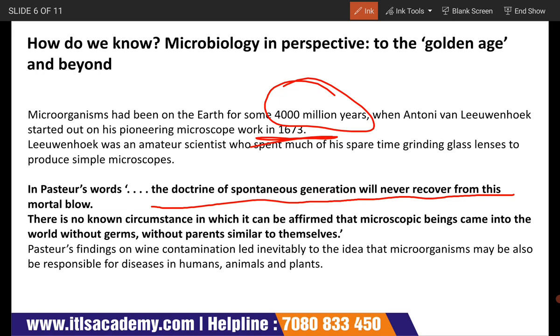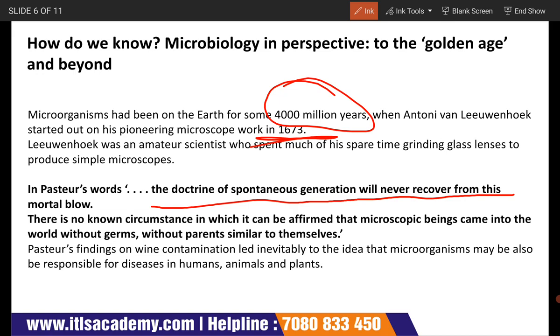Pasteur's findings on wine contamination led inevitably to the idea that microorganisms may also be responsible for diseases in humans, animals, and plants. So Louis Pasteur was another scientist who stated that microorganisms were present on earth 4,000 million years ago.